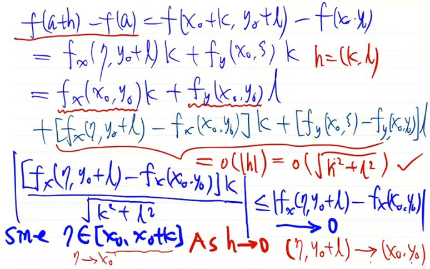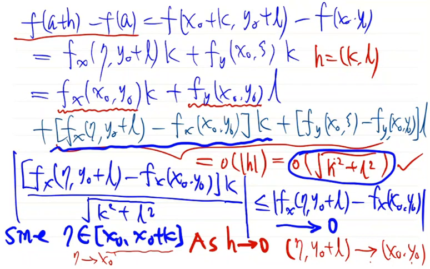So this proves that the first term here is of the form higher order term, because divided by the square root, the limit is 0. Okay. Similarly, you can prove that the second term is also a higher order term.